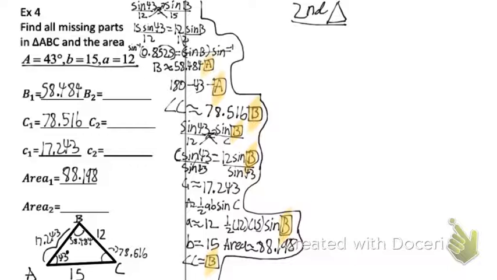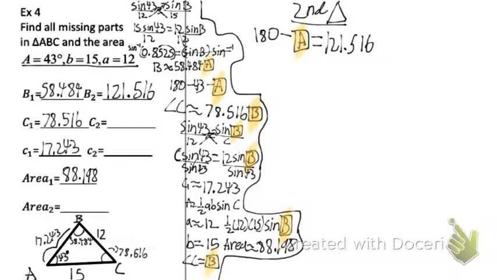So let's do 180 minus A, which is angle B1. And then we get that it approximately equals 121.516.